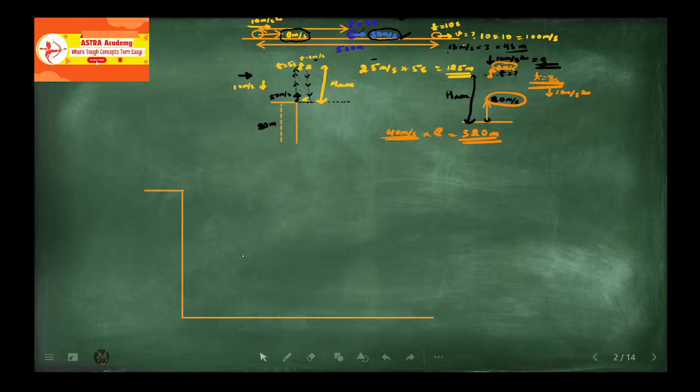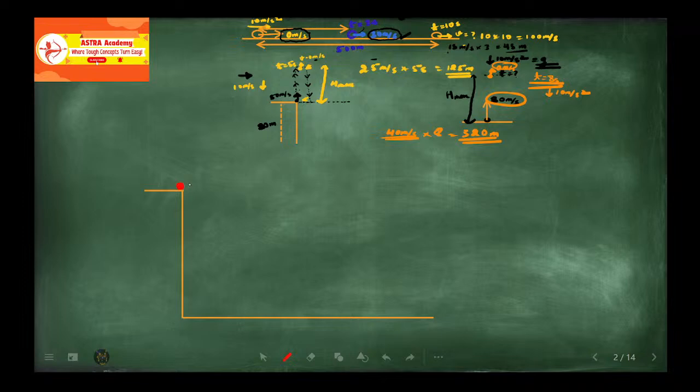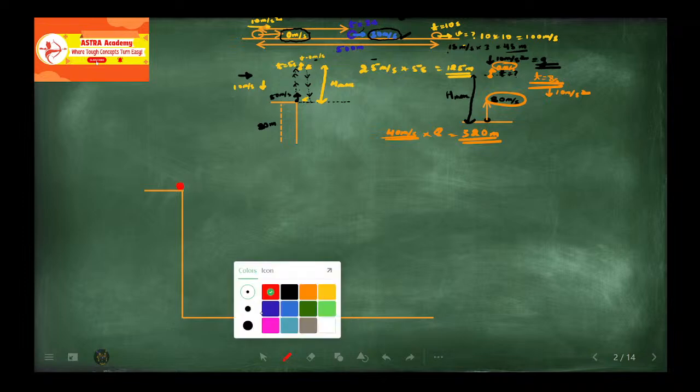But I believe that every student is special if they are taught so that they can feel the concept, not in an easy manner, but the easiest manner. That is the tagline of Astra, where tough concepts turn easy. You can feel the subject in the easiest possible manner. Okay. Now let us see our previous question.